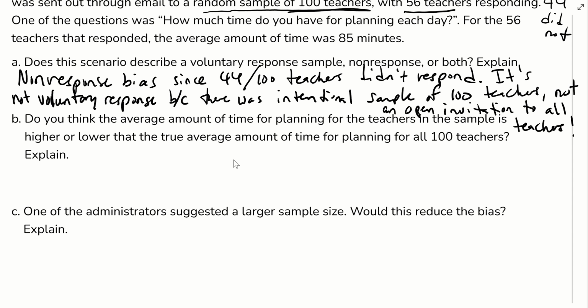So therefore, it's likely that the average amount from the sample is higher than the true amount because we're excluding those who didn't respond, which may have had less time. And so therefore, we end up overestimating the true amount.